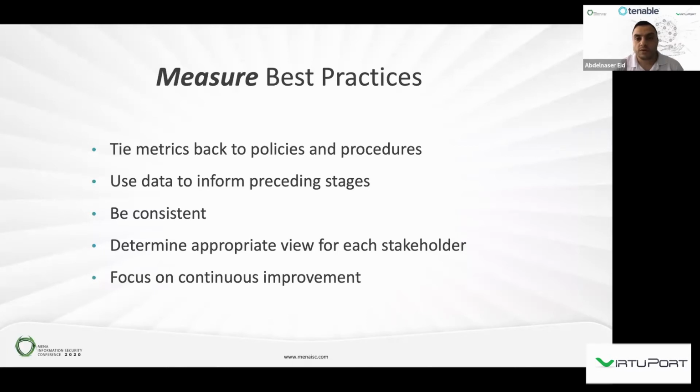So as we mentioned in the beginning, this life cycle is not one-time work. It's a continuous effort. So measuring the efficiency of the solution should have clear metrics that can be measured and can be identified.